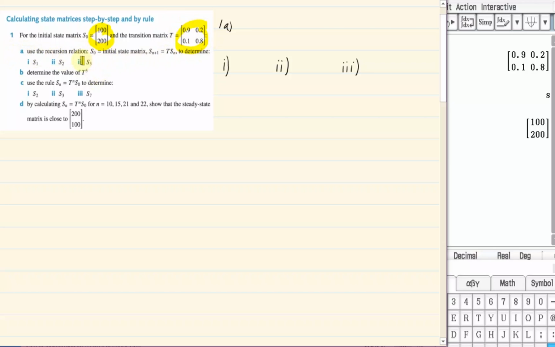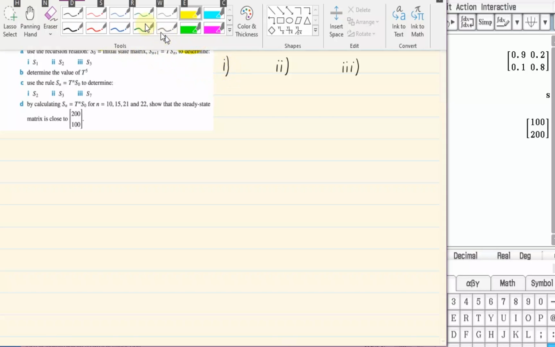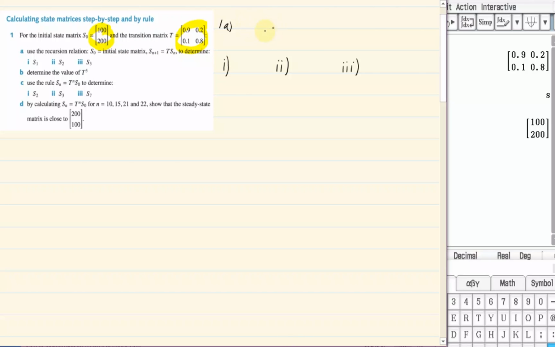We're asked to use a recursion relation. So S0 equals the initial state matrix, 100 and 200, and S(n+1), each subsequent matrix, is equal to T times Sn, the transition matrix 0.9, 0.2, 0.1, 0.8 multiplied by Sn.